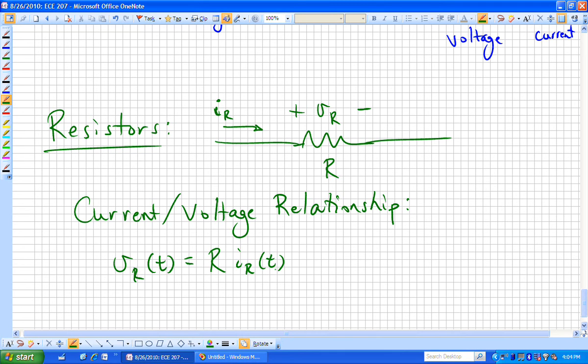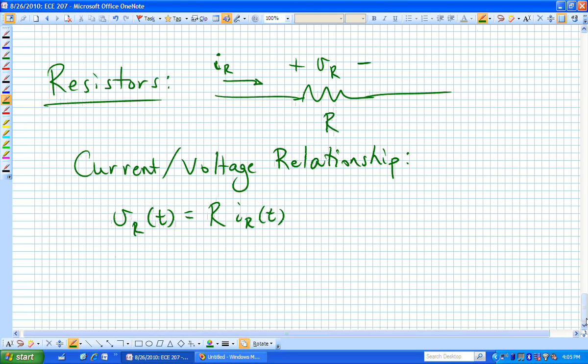This is the current voltage relationship for a resistor. V is equal to Ri, or V is equal to IR. You'll need to remember that. Or you could say R is this ratio of voltage to current.